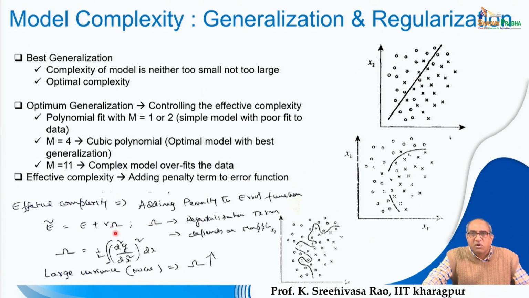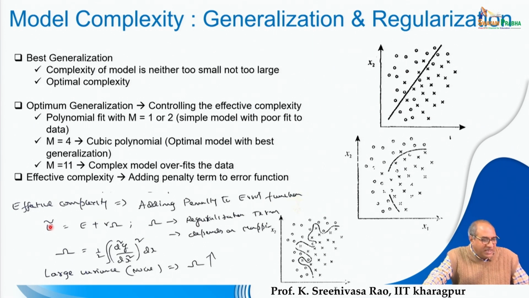At that time these oscillations will be overcome: wherever oscillations are present in the captured function, they give a higher value, and that adds to the error function. So the captured function will become a smoother one. To overcome these transitions, we model the effective complexity by adding a penalty term to the error function.